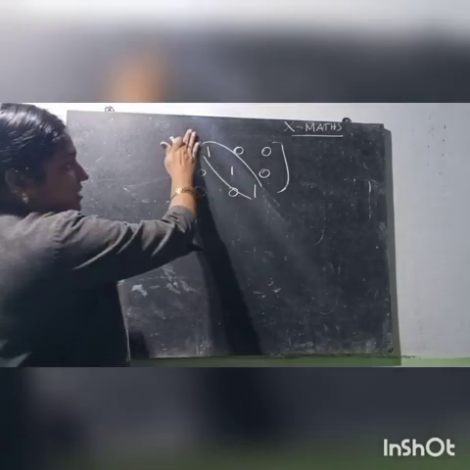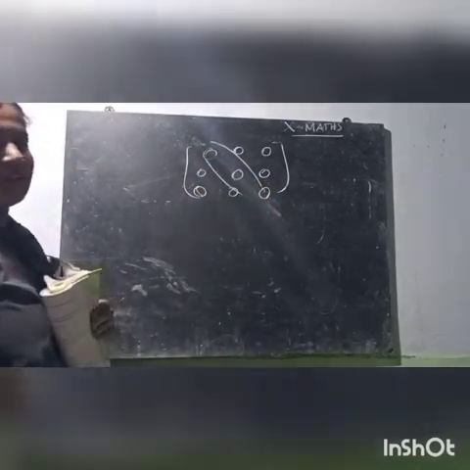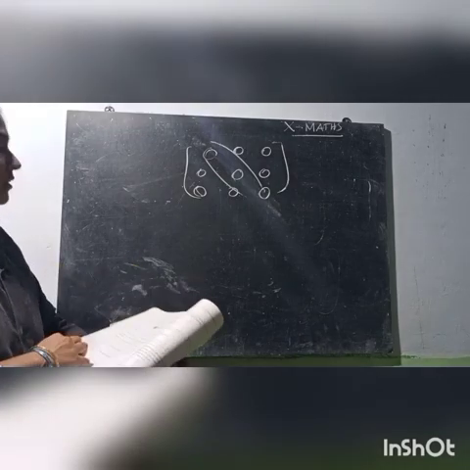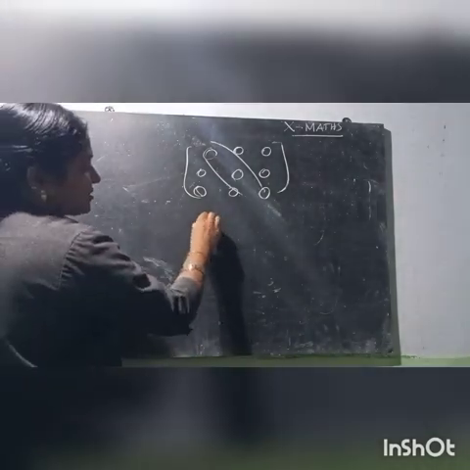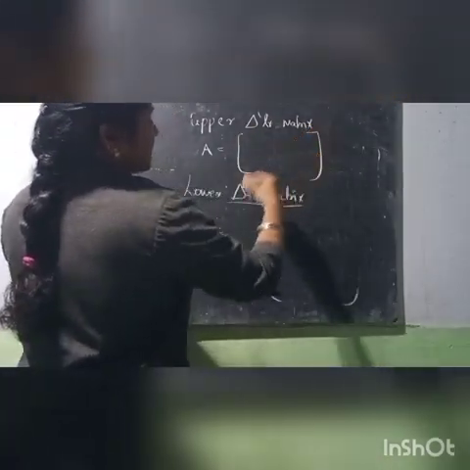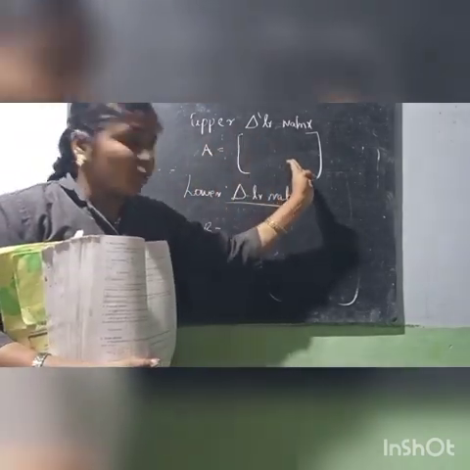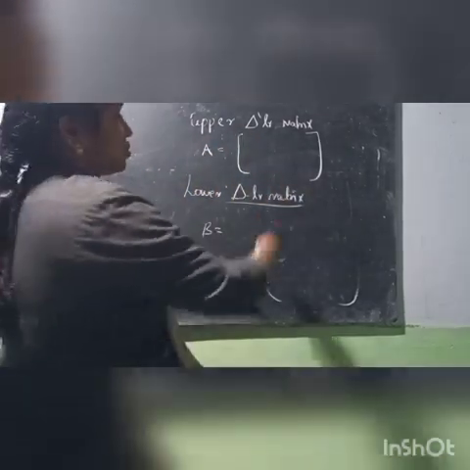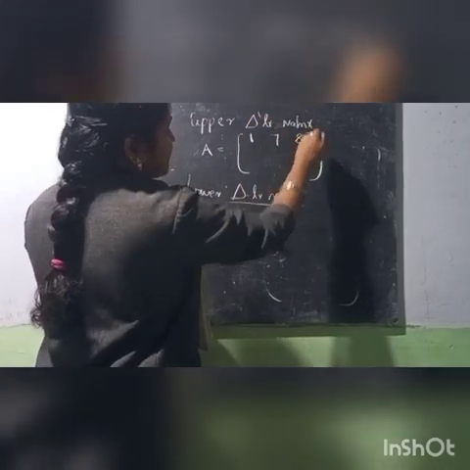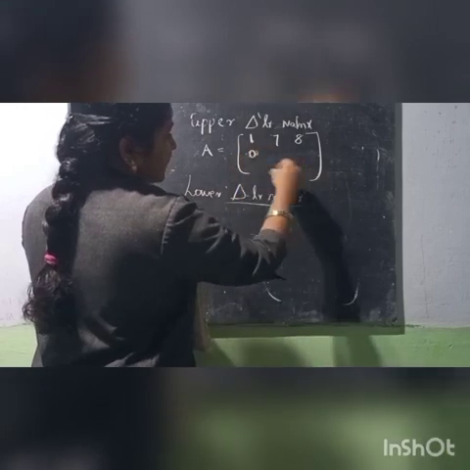Then next, null matrix means all the elements should be 0. This is called a null matrix. Then next, triangular matrix. In an upper triangular matrix, below the leading diagonal the elements are 0. So 1, 7, 8, and here 0, because this is below the diagonal.